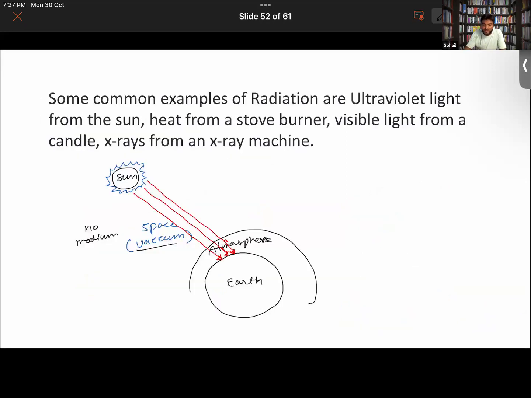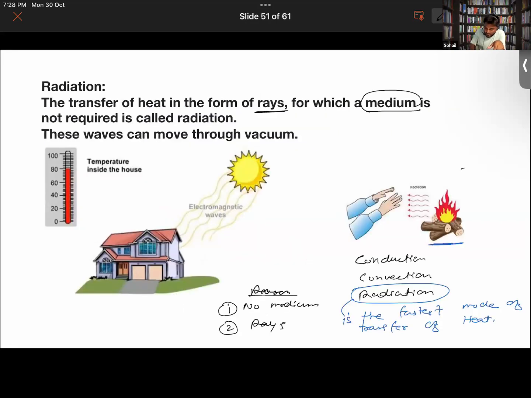So whenever you sit near a fire or a room heater, heat does not reach you by conduction, neither by convection. जब भी आप एक रूम हीटर के नजदीक बैठते हैं और फायर प्लेस के नजदीक बैठते हैं, so their heat is actually not reaching you either by conduction, nor by convection. Getting it, Tahseen? Yes, sir. Cool.